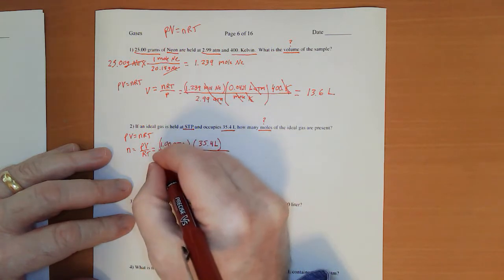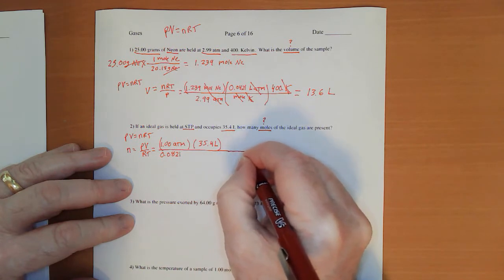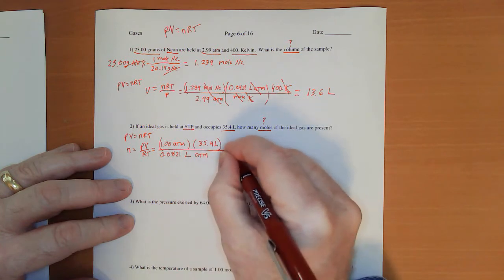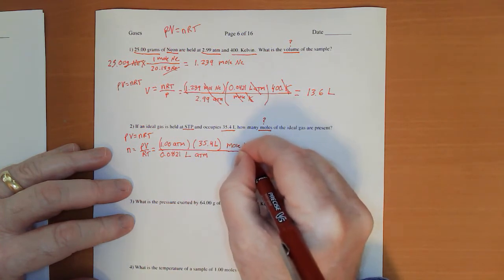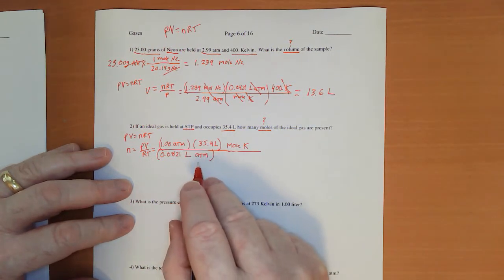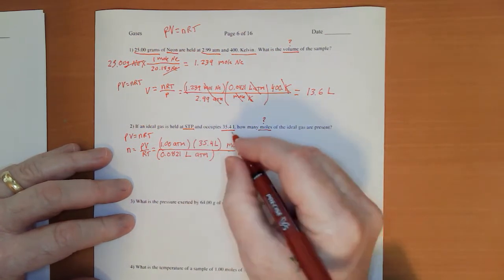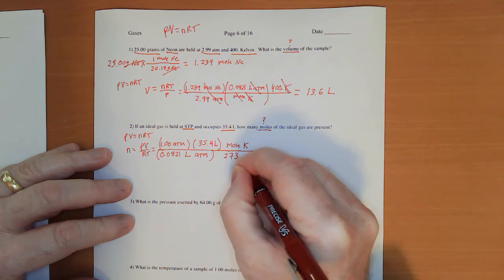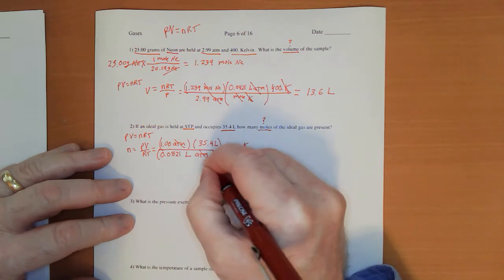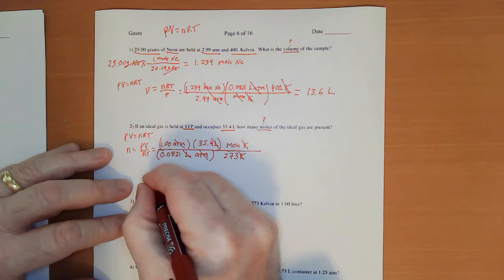R, because this is atmospheres, it's going to be 0.0821 liter atmosphere per mole Kelvin. The mole and the Kelvin move upstairs because they're in the bottom of a fraction, and that fraction is downstairs to begin with. Standard temperature is 273 Kelvin.